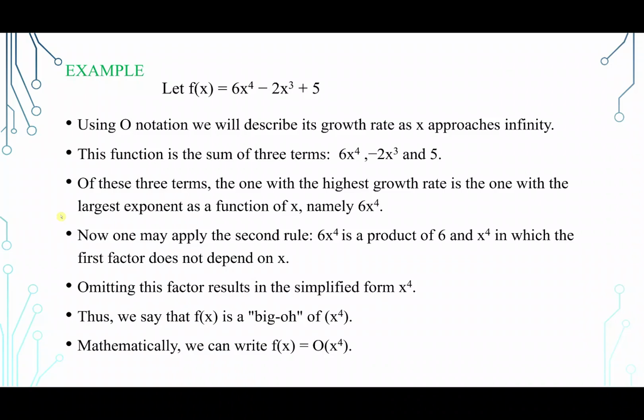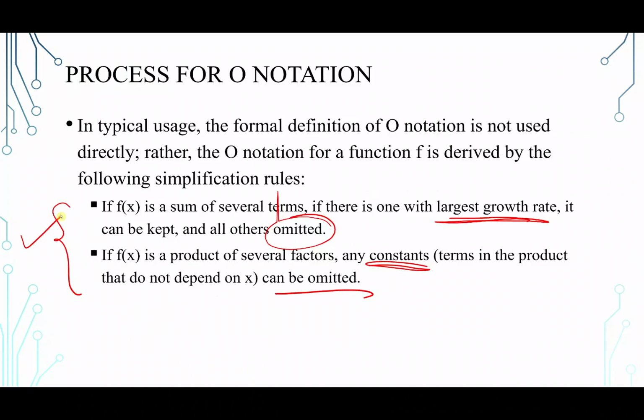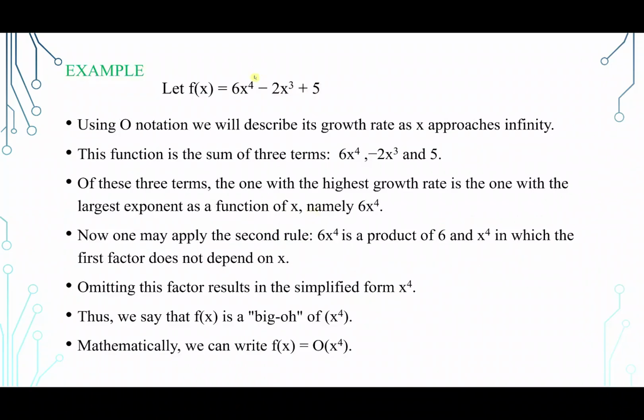So the first thing I see, is it a sum of several terms? Yes, it is. Here is one term, the other, and the third. So yes, it's a sum of 3 terms: the 6 times x to the power 4, and minus 2x cubed, and the 5.